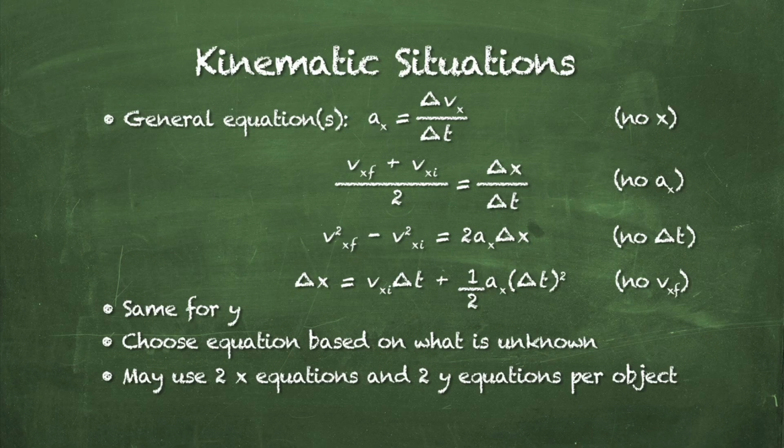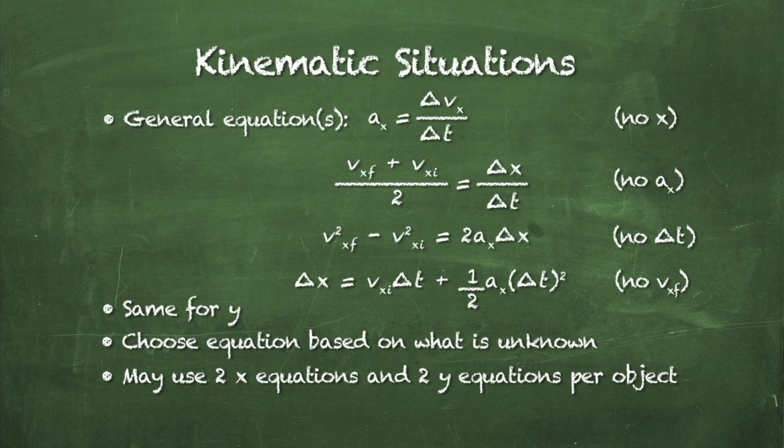Each of these equations leaves out one of our kinematic variables. The top one, Ax is equal to change in Vx over change in time, doesn't have position in it. Our second, Vx final plus Vx initial divided by 2 equals the change in x over the change in time, doesn't have acceleration in it.